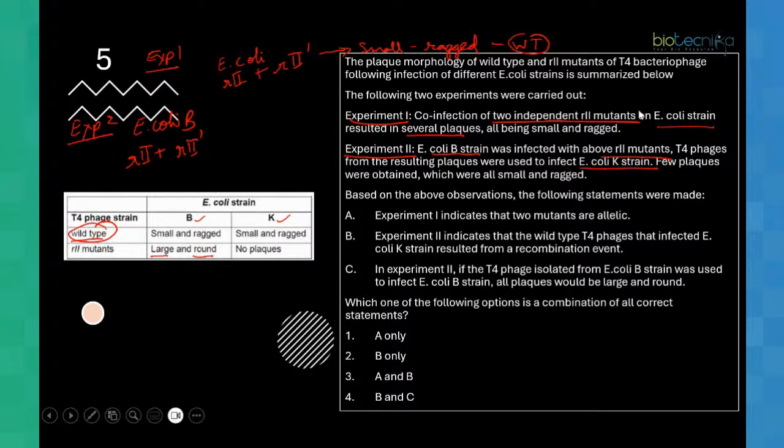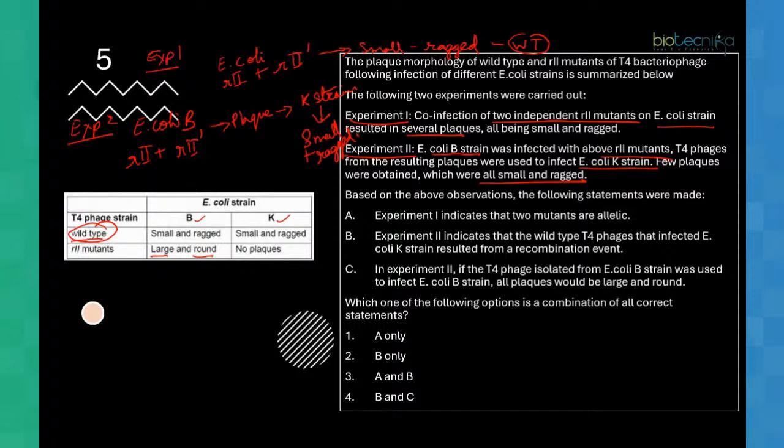R2 and R2 dash anyway cannot grow in K strain. So the plaques that were formed were used to infect K strain, and it was found that they all formed again small and ragged plaques.